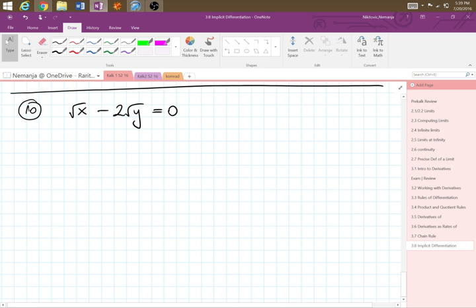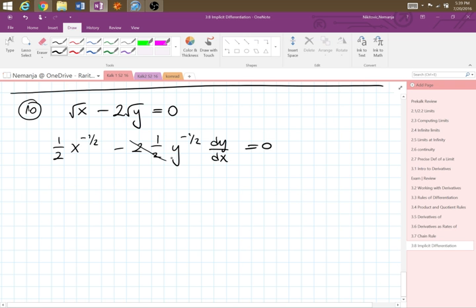So the first problem, we are taking the derivative of x with respect to x. So what do I write? One half x to the negative 1/2, good, minus 2 times 1/2 y to the negative 1/2 dy/dx equals 0.